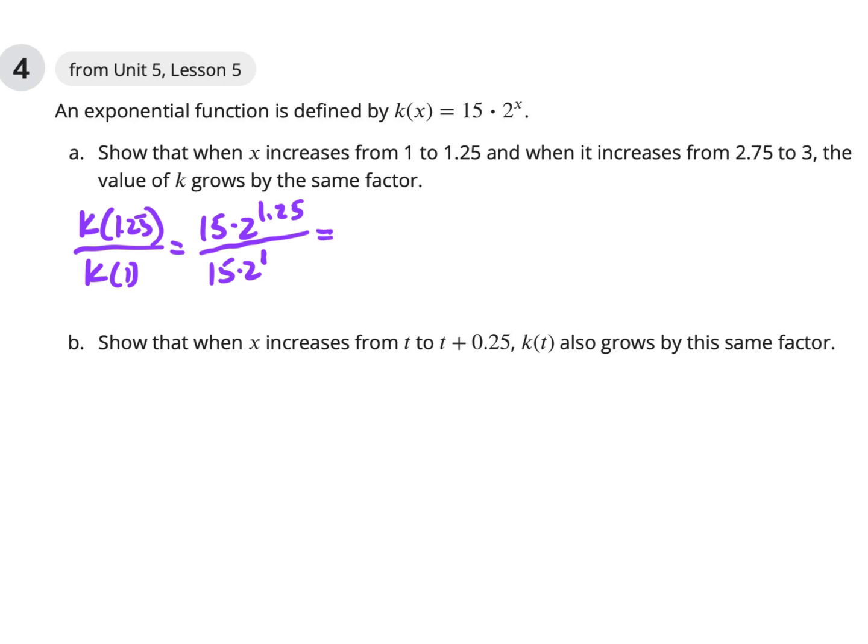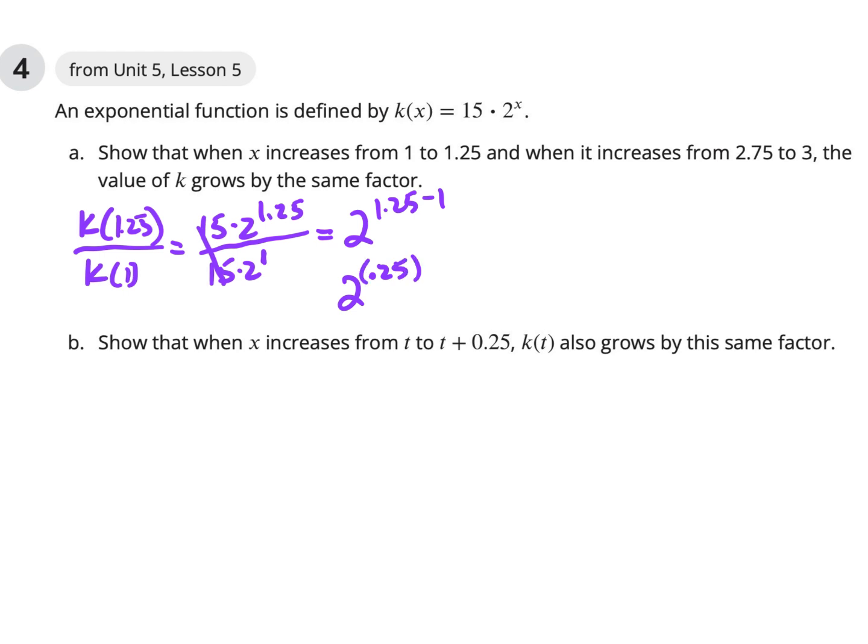The 15s cancel out, and we have exponents of the same base. Exponent laws tell us that you subtract. So 2 to the 1.25 minus 1 gives us 2 to the 0.25.